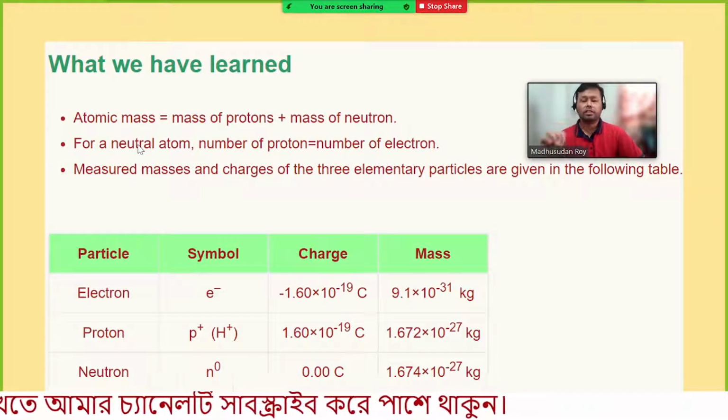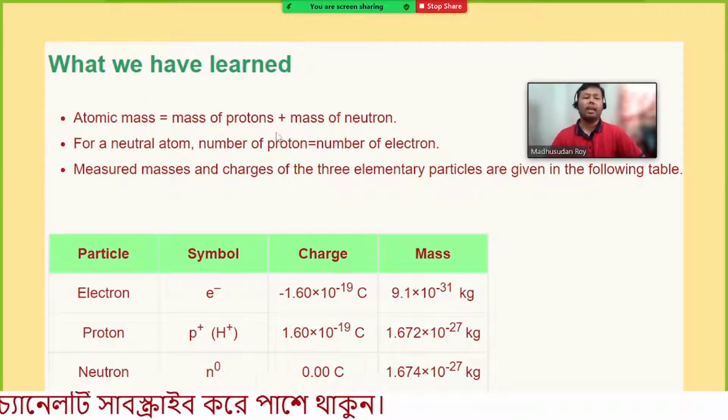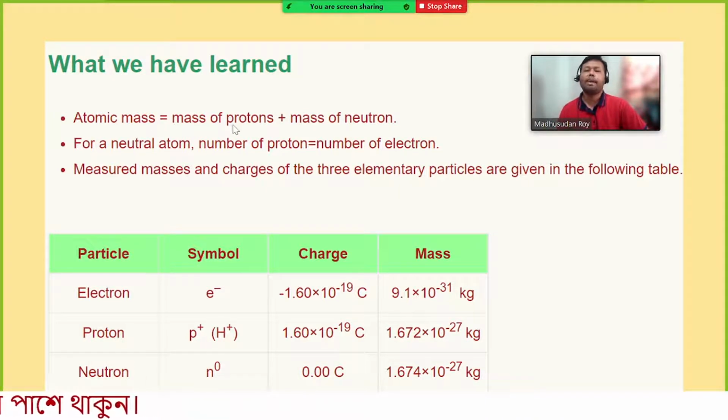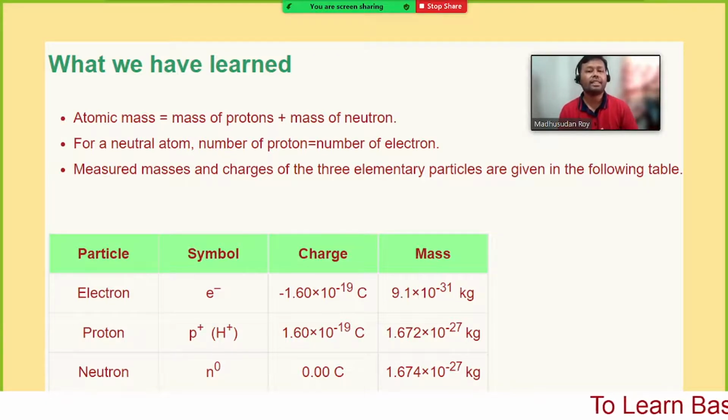Now what we have learned from the structure of atom: atomic mass equals mass of protons plus mass of neutrons. That means, as we have mentioned, the mass of an atom is almost double the mass of a proton. Then what is the extra part?